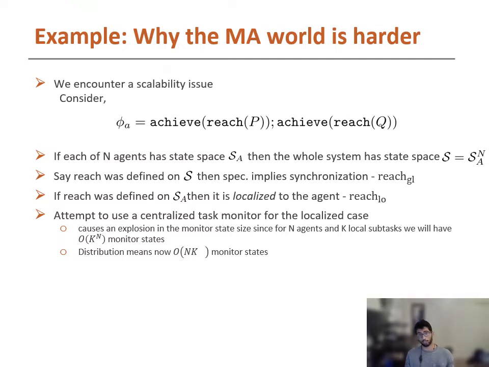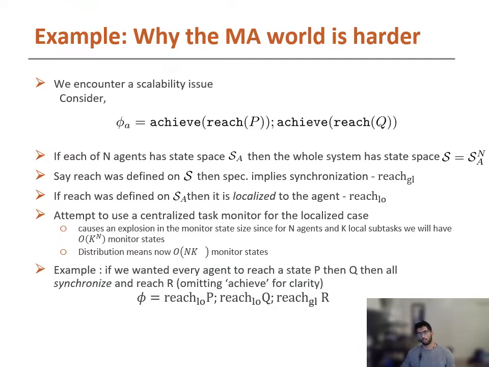And so a centralized version would be hard to scale in this sense. But when we distribute this, now we have n times k states, since they're distributed over all agents and not needed to be captured by one centralized unit. And so here we can now mix these types of specifications together. You can reach local P, then reach local Q, followed by synchronization at R, which is a reach global at R.